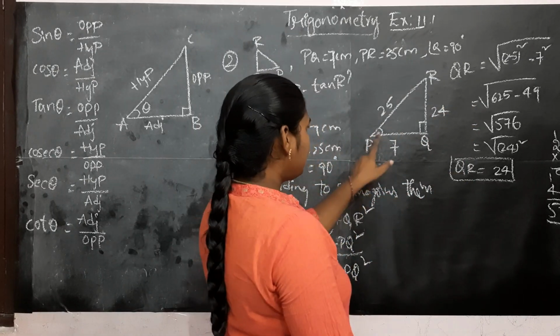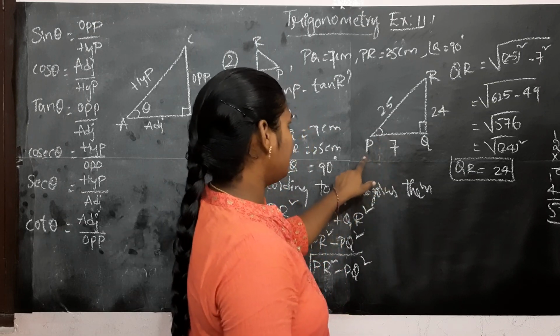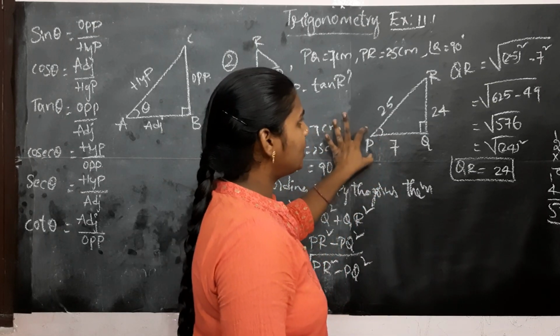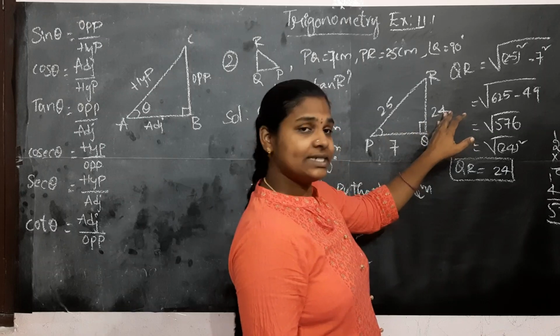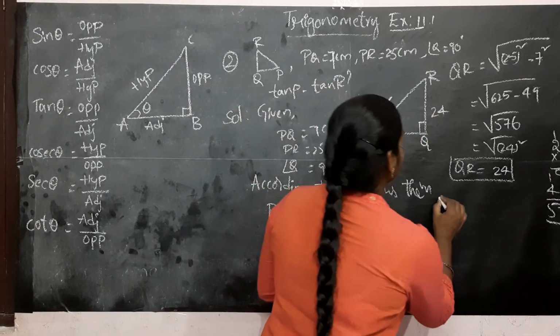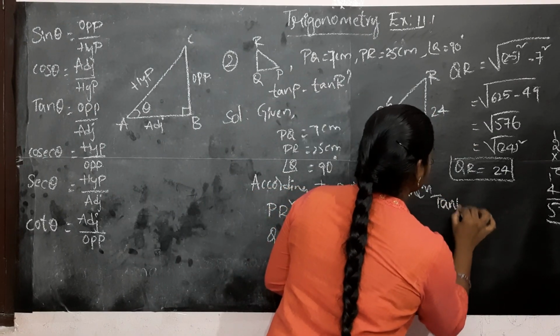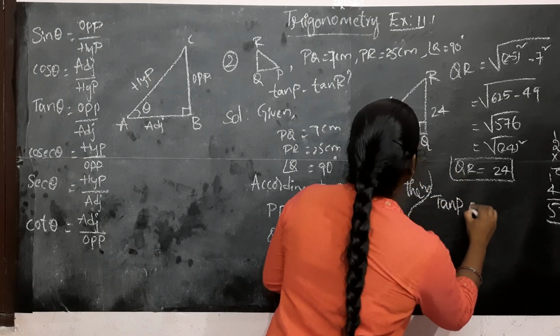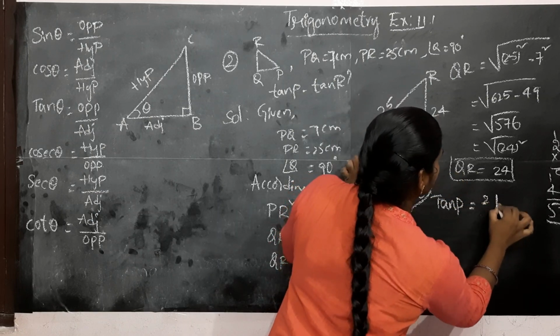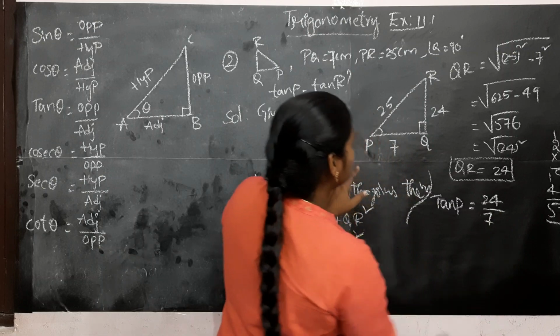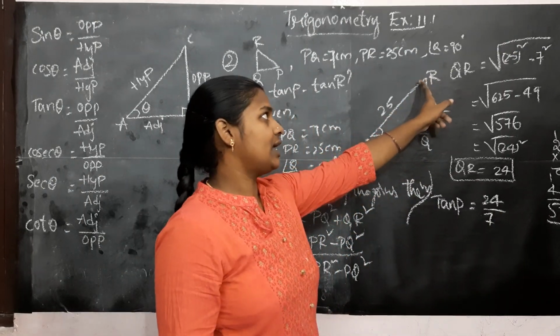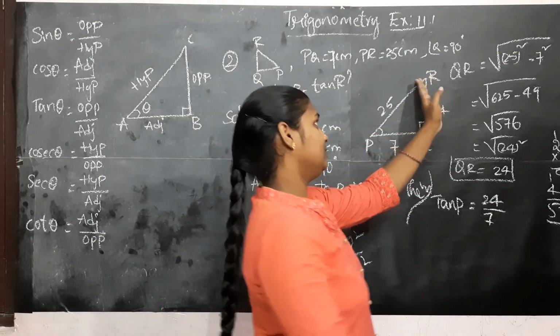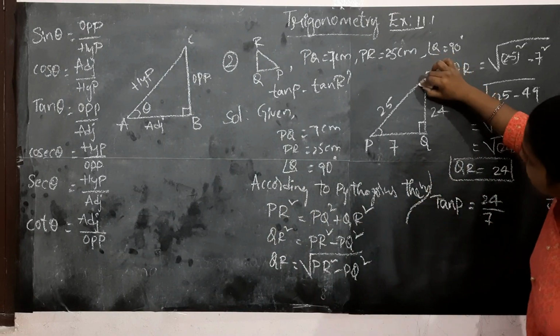Here, this is tan P. Alright, tan P is what? Tan P is nothing but opposite by adjacent. What is tan R? Tan R means the angle is here.